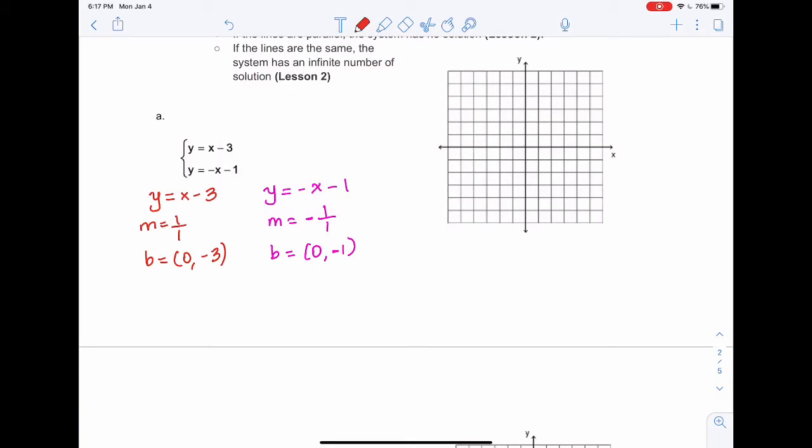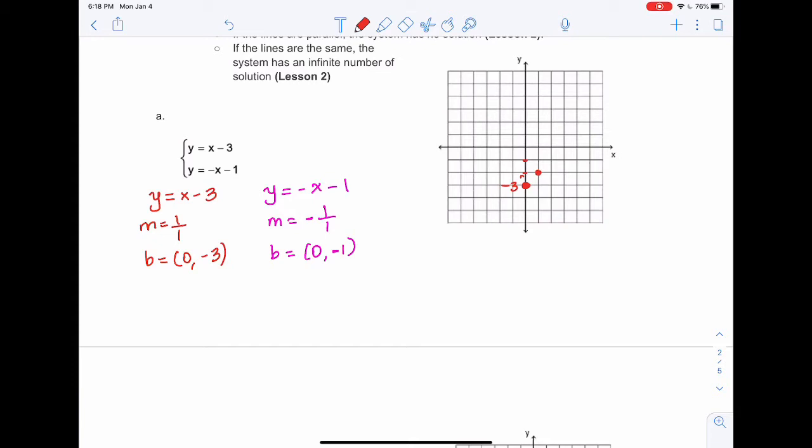I'm going to start from negative 3 for the first equation, which is negative 1, negative 2, negative 3 right here. So that's my start point. And I am going to go 1 unit up and 1 unit right. Rise over run, I am going to apply here. 1 unit up, 1 unit right will end up here. I will continue with this same pattern a few times to make sure that I have nice points that I can connect easily.